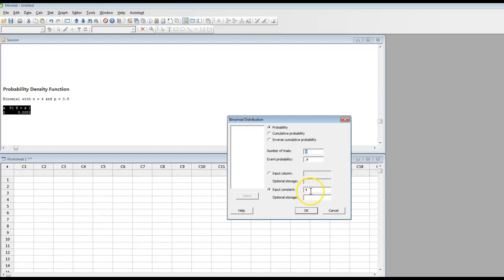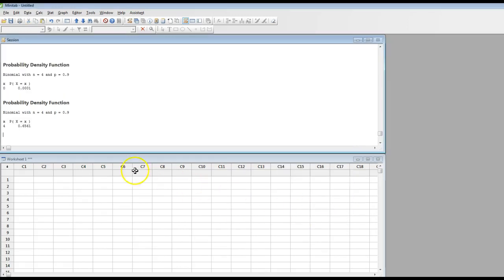But now we're changing x from 0 to 4. If you notice here, wow, this is a very high success rate in my opinion, which is 65%. Multiply that by 100 to get the percentage: 65% chance they all pass the inspection, 4 out of 4. So that's good.